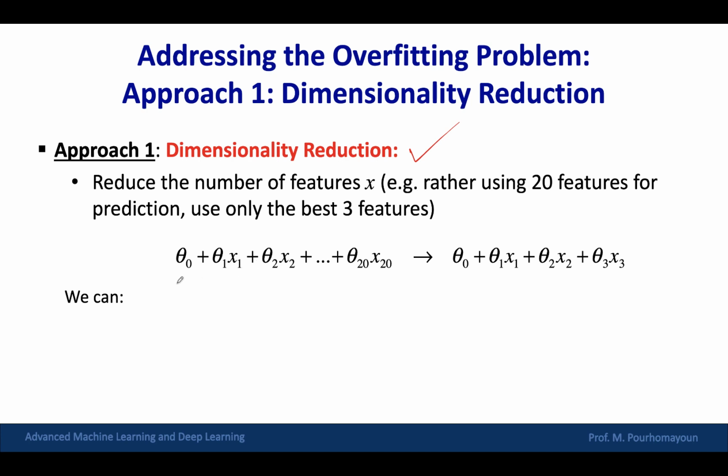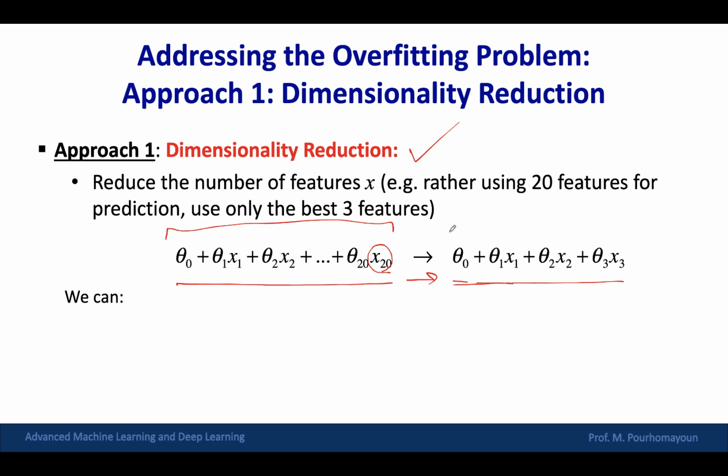So if this is your model with 20 features, you can make your model simpler and just keep 3 of them. Okay, maybe these 3 are the most important features. Maybe these 3 are the best features that include most of the information of the whole 20.